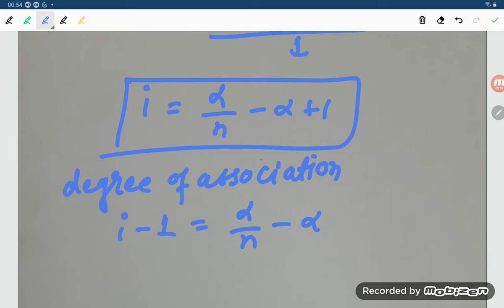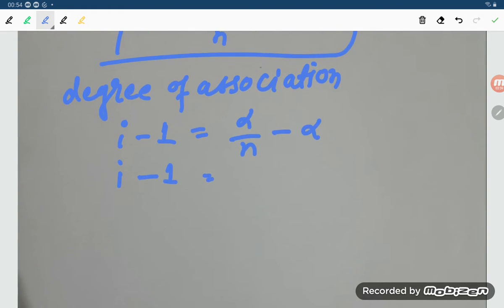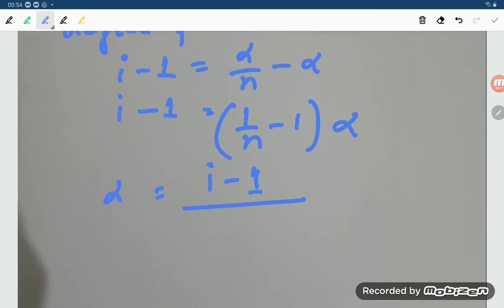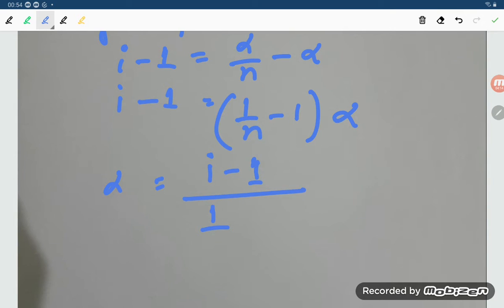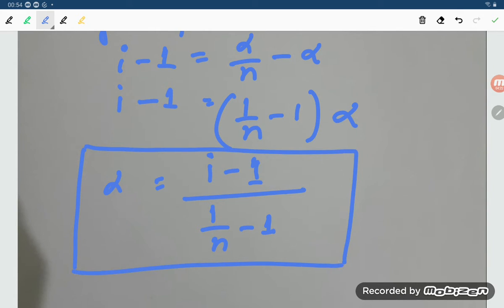I minus 1 equals alpha, taking alpha common, times (1 by n minus 1). So alpha equals I minus 1 divided by (1 upon n minus 1). This is the value of alpha.